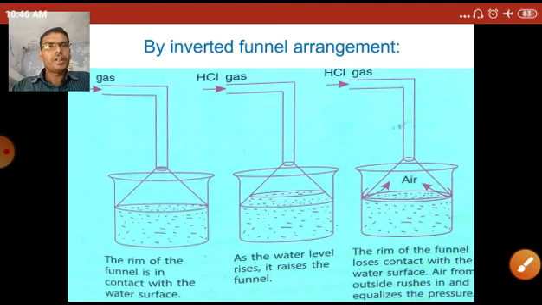So the inverted funnel arrangement overcomes the back suction and allows the formation of hydrochloric acid to continue.